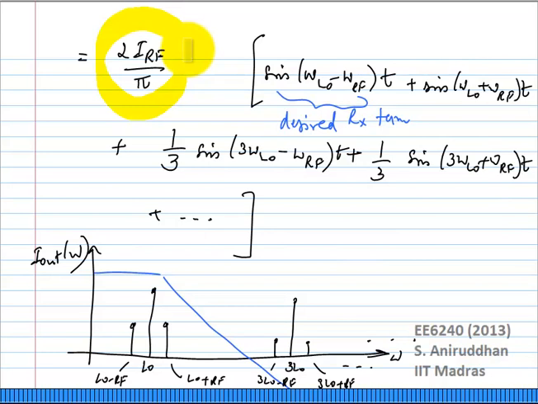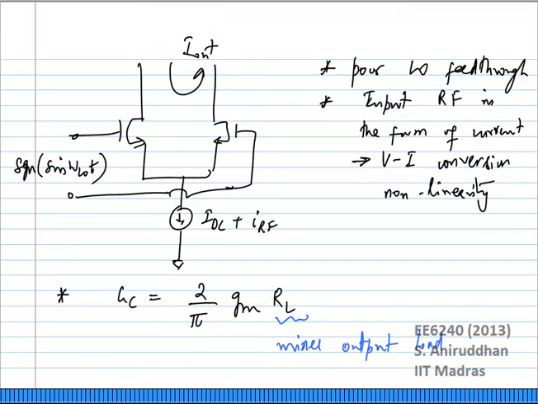If your input current is IRF cos omega RFT, the output current is 2 IRF by pi cos omega IFT. Finally, if you are going to generate this IRF using a transconductance, you will have some GM. If you are going to take the load current through a resistor, some resistive load RL, you can write your voltage conversion gain as 2 by pi GM RL.